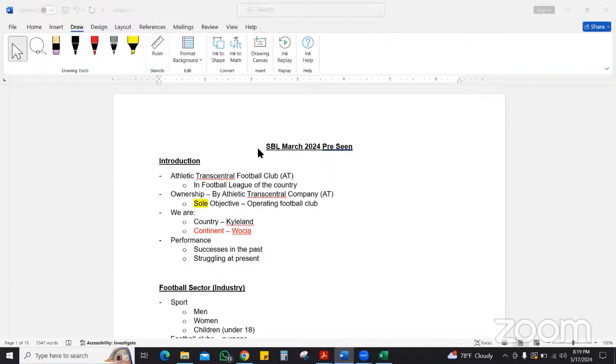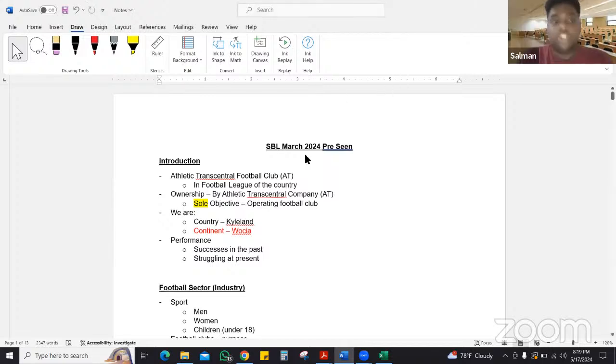I have a question. Yes, Nimita. So this pre-seen that we are going through, is it provided during the exam, or do we have to just go through it? The pre-seen will also be given in the exam, but at that time you'll have some time concerns.